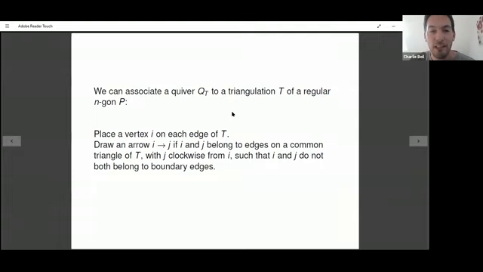So how this works is you place a vertex I on each edge of T, our triangulation, and you draw an arrow from I to J if I and J belong to edges on a common triangle of T, with J clockwise from I, such that I and J do not both belong to boundary edges.